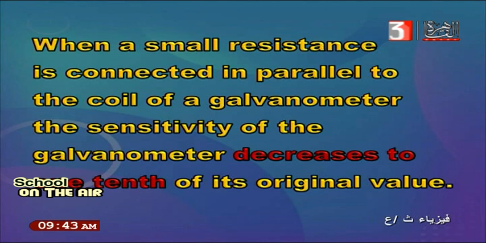Decreasing the sensitivity of the galvanometer means something very important. It means it has been converted into an ammeter to measure higher currents. The maximum current, full-scale deflection of the galvanometer, is denoted by Ig. The current denoted by the ammeter is I. So I equals 10 Ig.